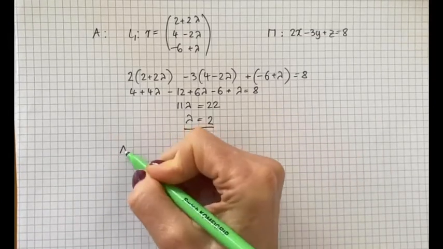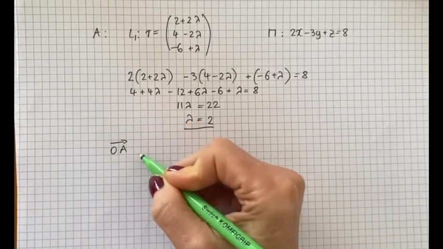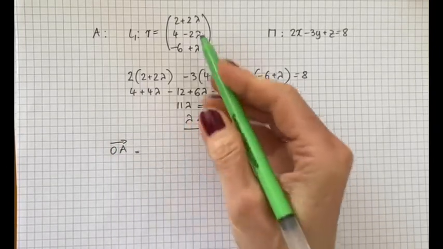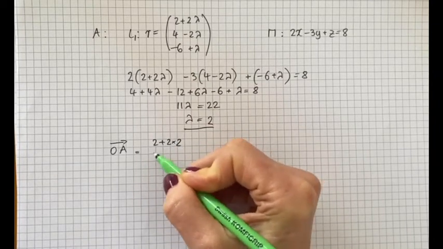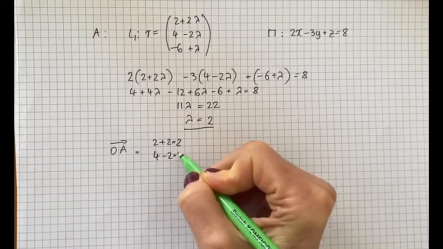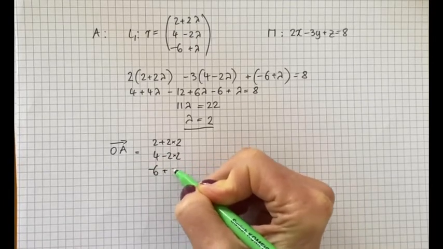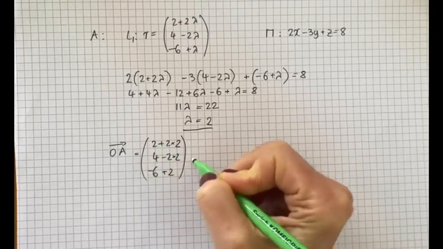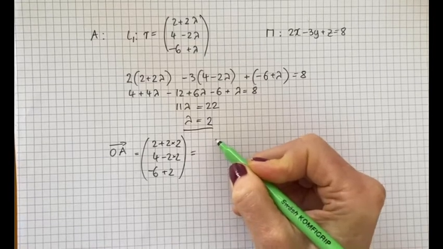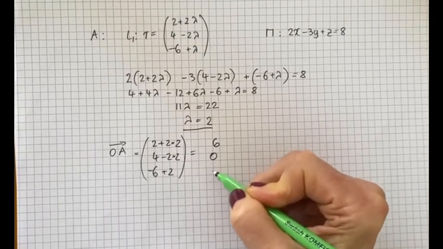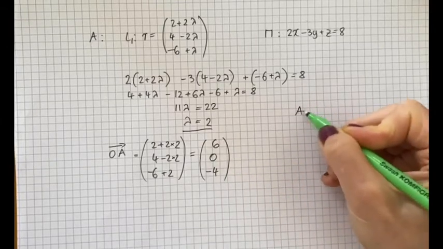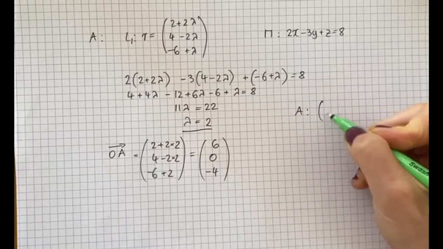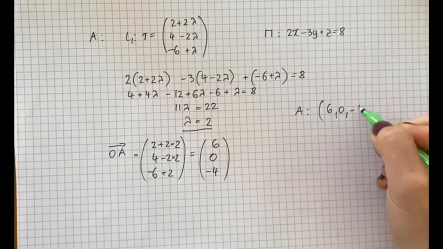So the position vector of point A is going to be 2 plus 2 lambda, 4 minus 2 lambda, minus 6 plus 1 lambda, and the lambda is equal to 2. So it's going to be 6, 0, minus 4. So now we've got point A, which is 6, 0, minus 4.